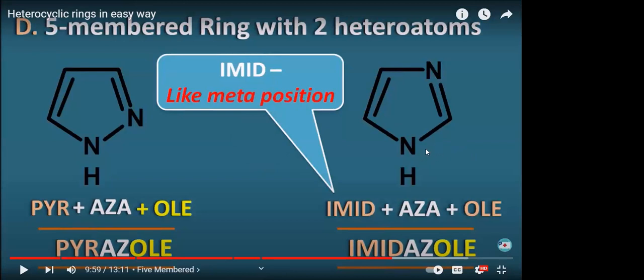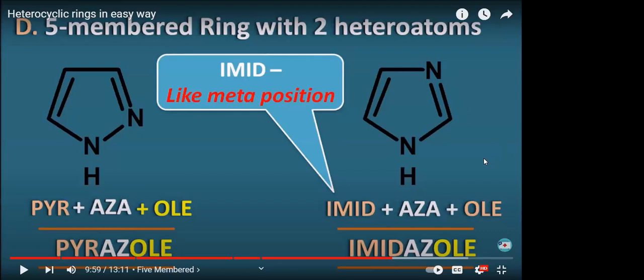Whenever this is ortho, meta, para, whenever the heteroatom is at the meta position from the first atom where you're counting, you use this term imid. So wherever you see imid, just know that the heteroatom they're talking about is in the meta position. That's fine, yeah?